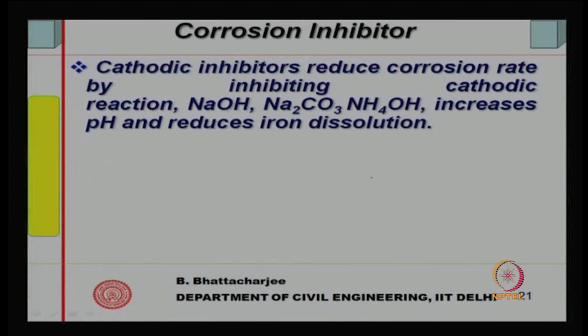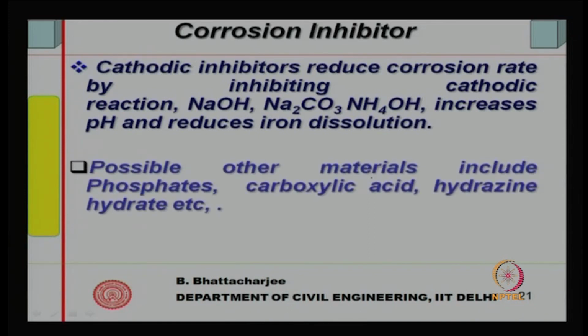So, sodium hydroxide, sodium carbonate, ammonium hydroxide increase pH and reduce iron dissolution. They increase the pH because already there is a certain amount of hydroxyl ion in the system, so no further hydroxyl ion can form. It reduces the dissolution and the formation of more hydroxyl ion, and that is how they protect it cathodically.